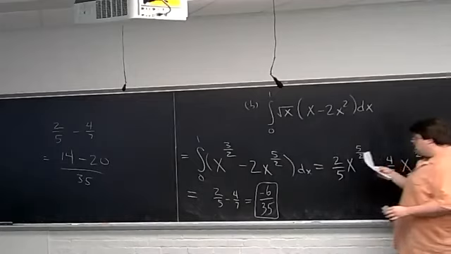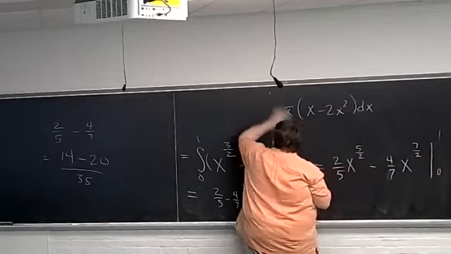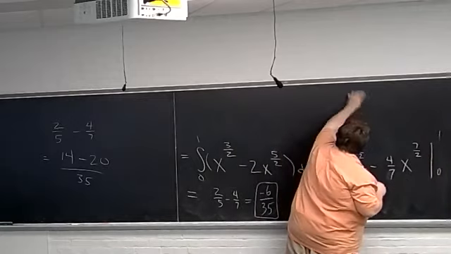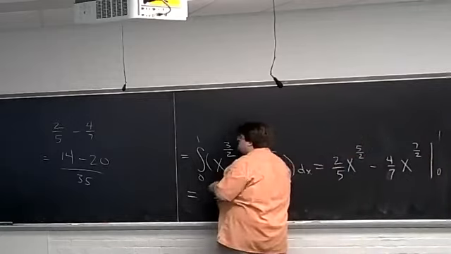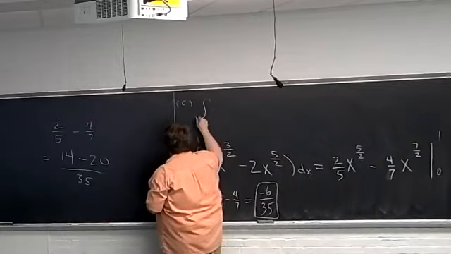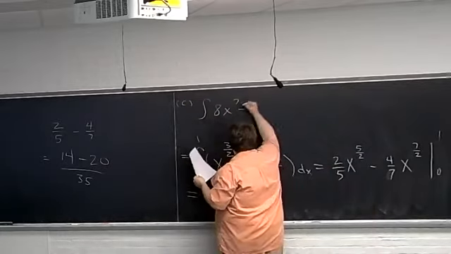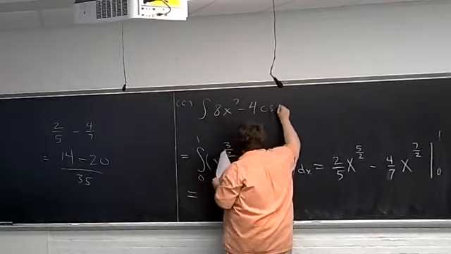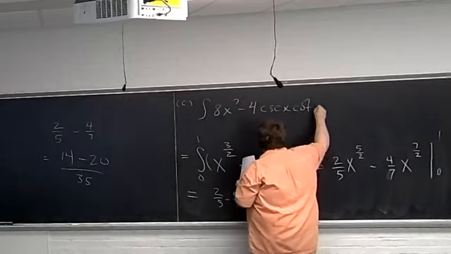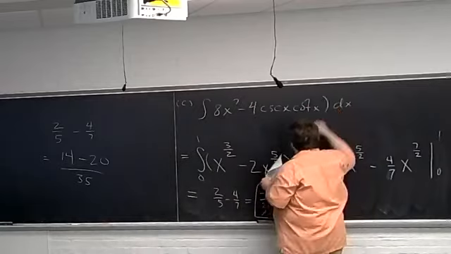Part C. We have an indefinite integral. Integral 8x to the 7th. Oh, it's a 4. Minus 4 cosecant x cotangent x.